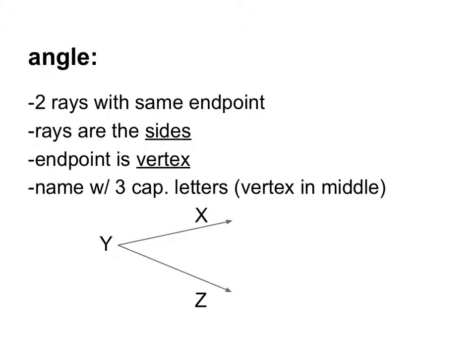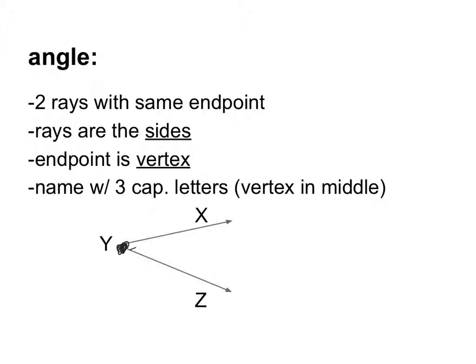Okay, so what is an angle? It's two rays with the same endpoint. So here's the endpoint right here. It's where the Y is, and the rays are YX and YZ. So the rays are the sides, and the endpoint is the vertex. The vertex is kind of like a corner, where those sides come together.